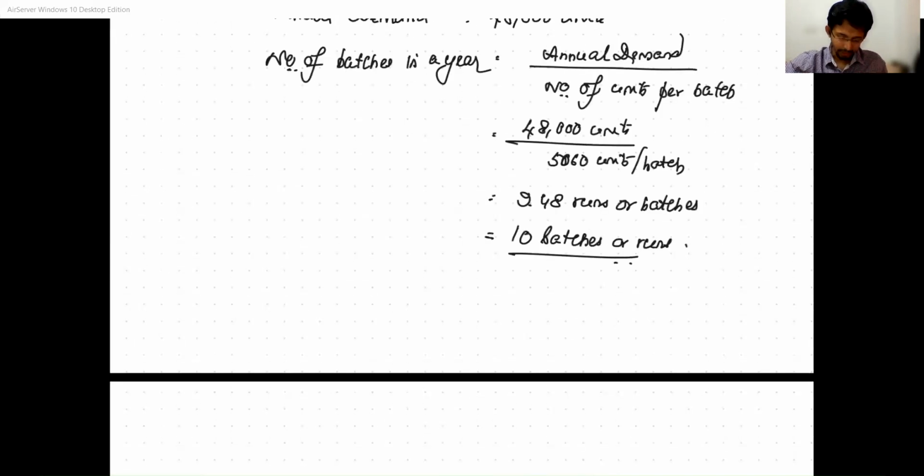Now, in a year you have how many days? 365 days. And in a year you need to have 10 batches only, which means what should be the time gap between two runs?